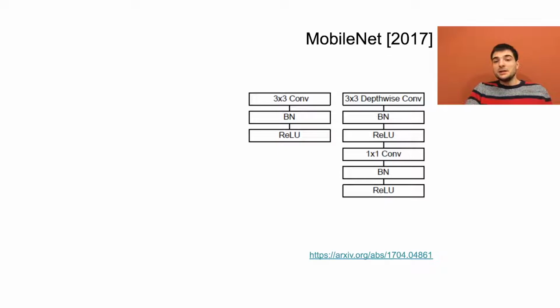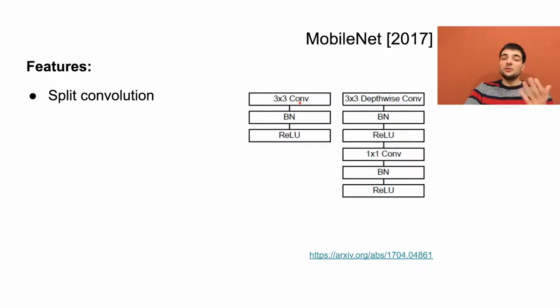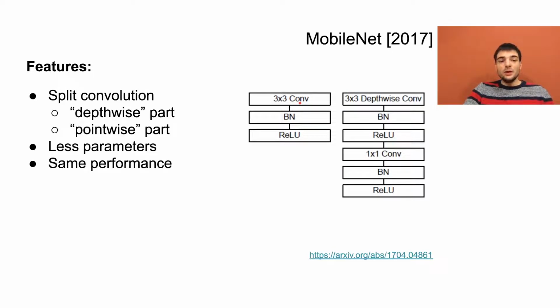So MobileNet actually used 3x3 depth-wise convolution and then one-by-one convolution instead of using the original 3x3 convolution to reduce number of parameters but to achieve the same performance. So once again, the idea was to split 3x3 convolution into 2 parts: depth-wise convolution and point-wise convolution, where they actually reduced number of operations, number of parameters, but still preserved almost the same behavior and same quality. And it's used in low power devices.